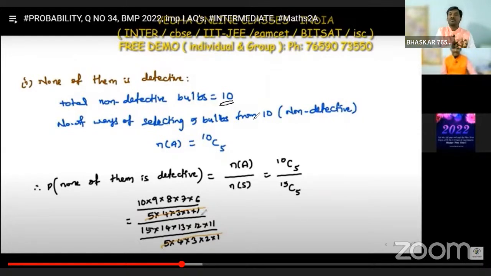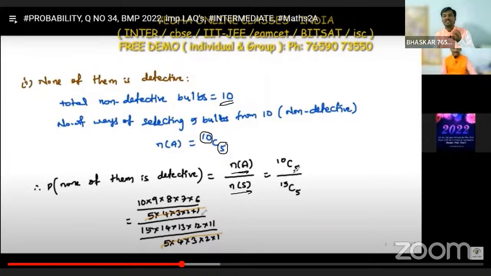So the number of ways is 10C5. Probability of non-defective is equal to favorable events divided by total number of events.